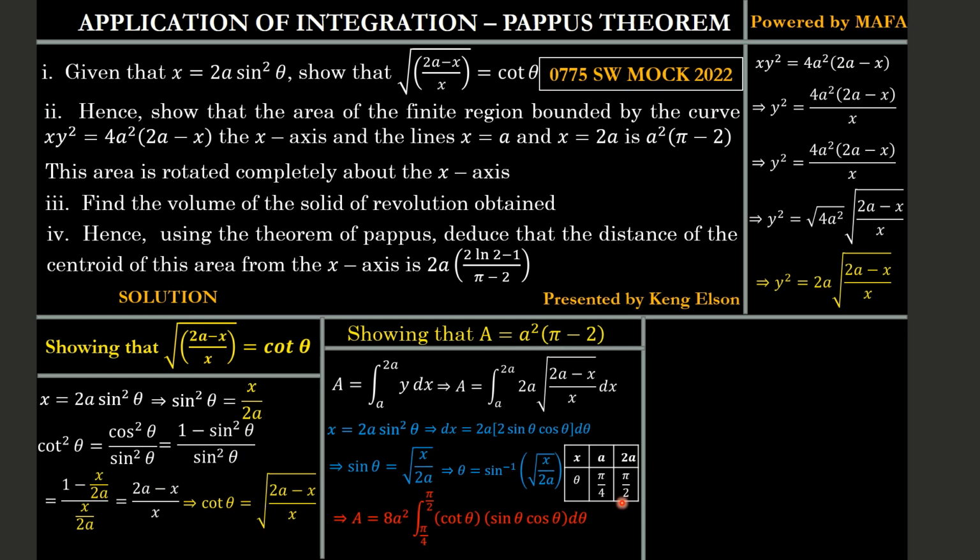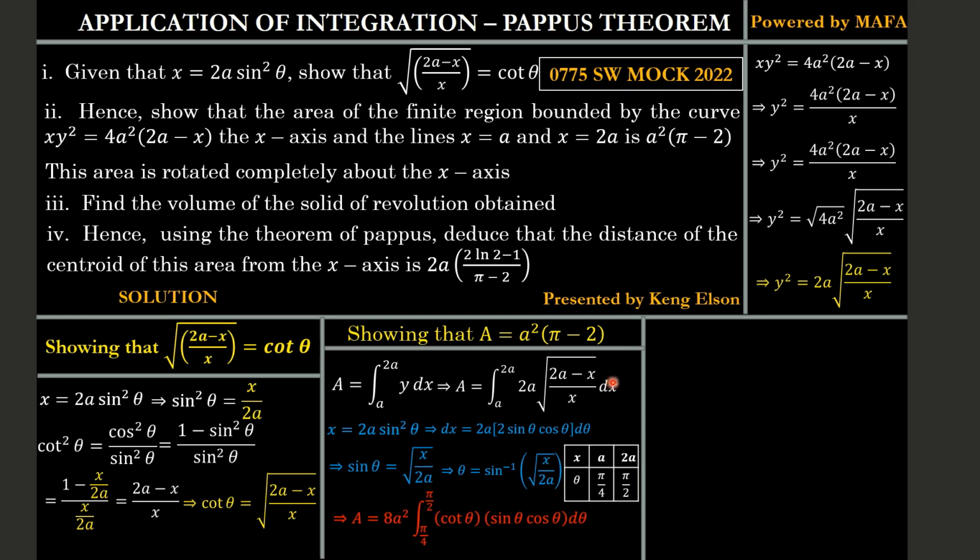So our area becomes, now our 2a is a constant, but it's going to multiply with the 4a here, because that is the dx. So it multiplies with the 4a to give us 8a squared. Now the integral from pi on 4 to pi on 2, because those are our new limits of integration. In the place of the square root of all of this quantity, I replace it with cot theta because I proved in question 1 that it was cot theta.